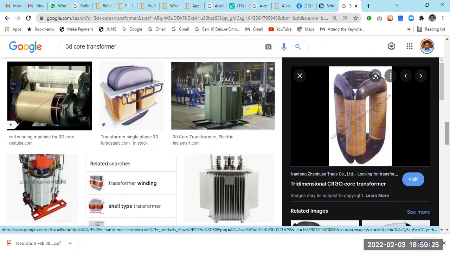But there are also some mechanical balancing issues that we have to consider. As electrical engineers we generally don't go into that mechanical side, but here as the thing is three-dimensional, some mechanical balancing issues are also there.